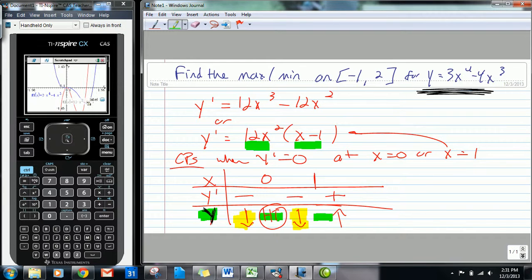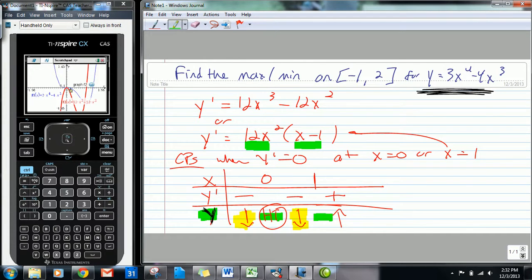Okay? At 1, we have something interesting happening. At x equals 1, we have a change in the behavior of the function from decreasing to increasing, right? Or a change in the derivative from negative to positive. Right? And so you can see that the function decreases up until 1 and then increases. Right? So what's happening at 1?